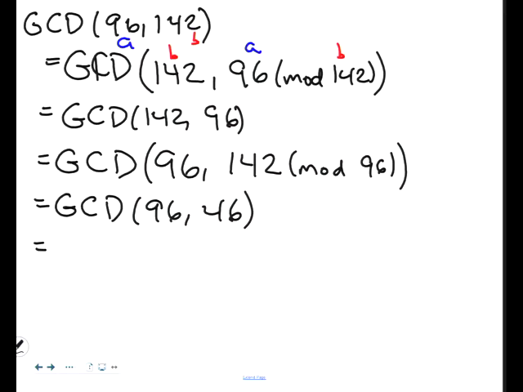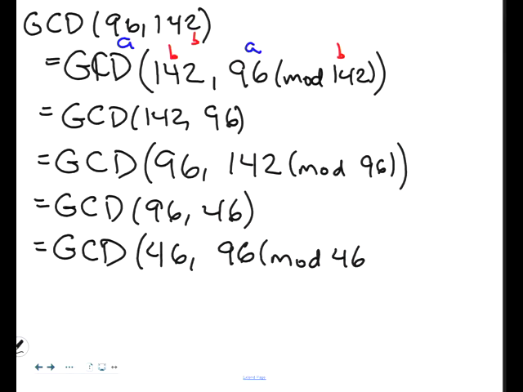Okay? So we can apply, or I guess I should ask at this point, is it obvious to anyone the greatest common divisor of 96 and 46? No. So we can apply Euclid's algorithm again, switch the order, so we'll get 46 and 96 mod 46.